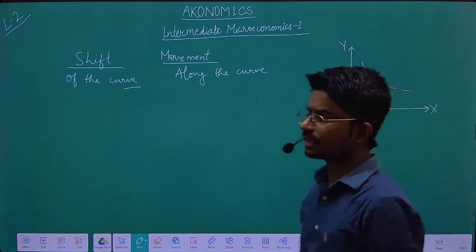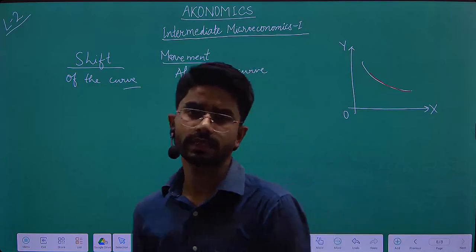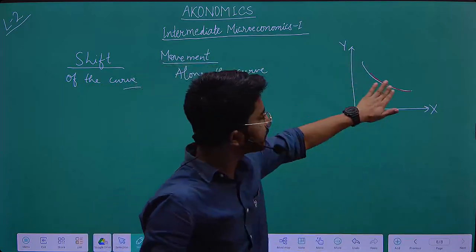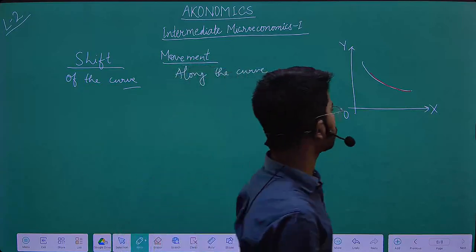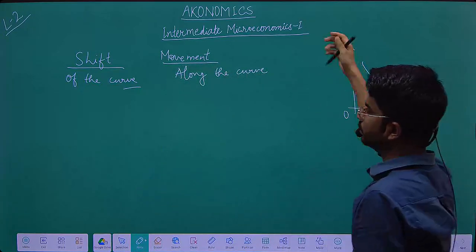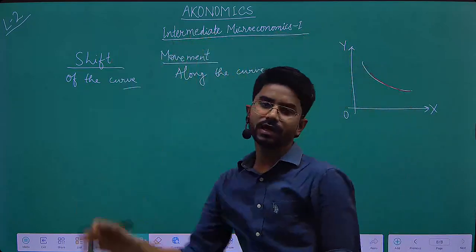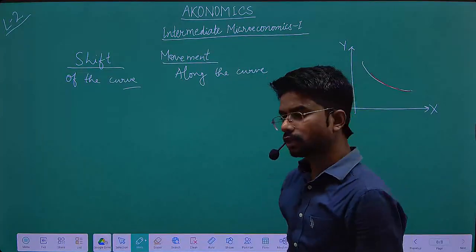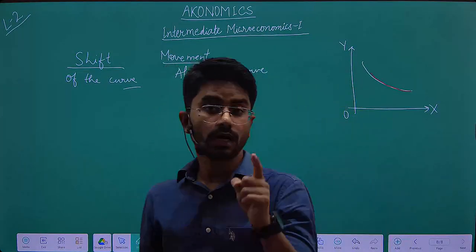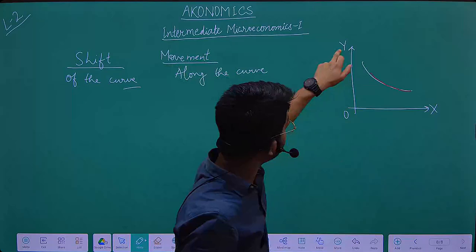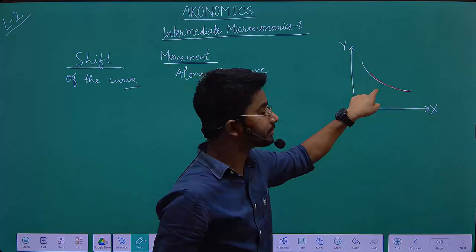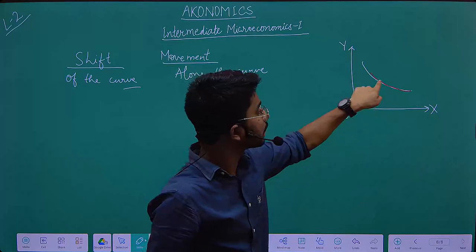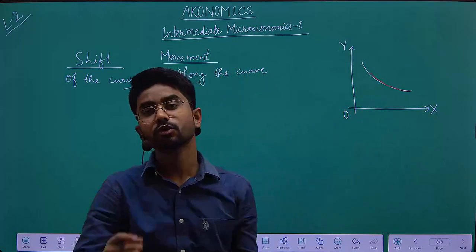Or if both change, then there might be movement along the curve. So these are the scenarios. And when you have the shifting of this curve, any variable other than the variables on the axis is affecting the curve, in that case the curve is said to shift.